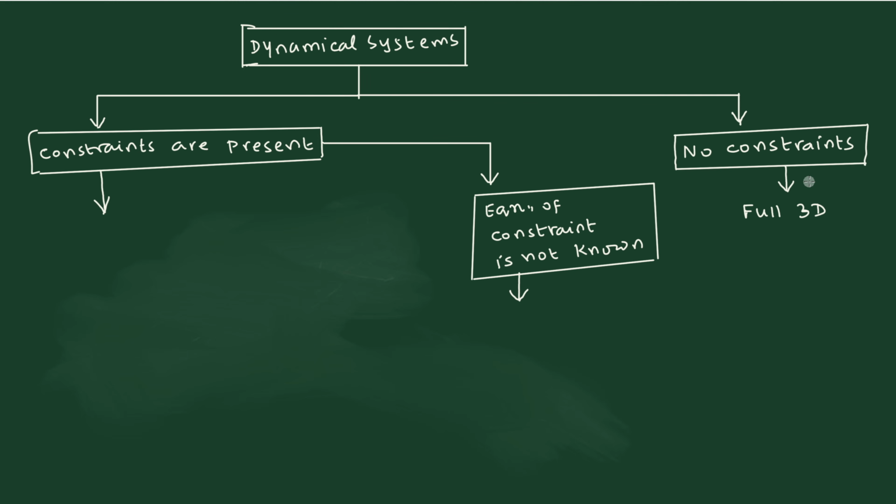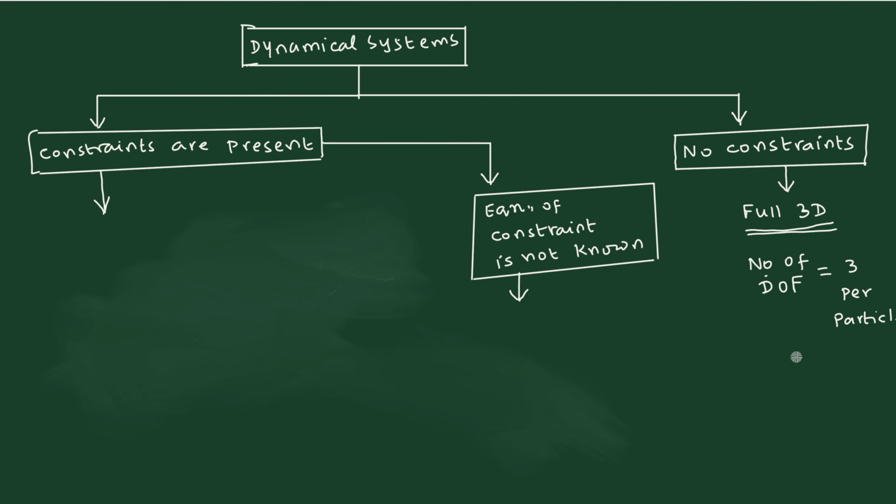That's the conclusion. So if there are no constraints, and you are allowing the system to move freely in the space, and the space being the Euclidean 3-dimensional physical space, then the entire full 3-dimensionality will be the available freedom to the system. And therefore, the number of degrees of freedom, which I can write as DOF, would be equal to 3 per particle.